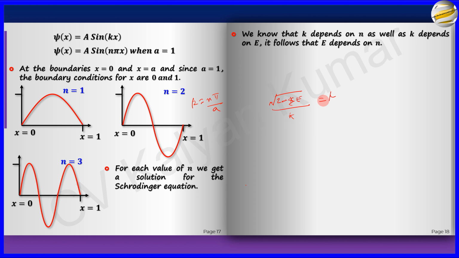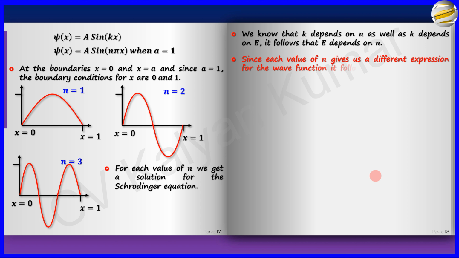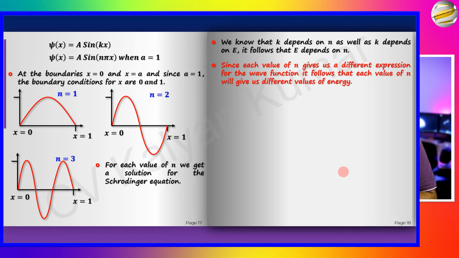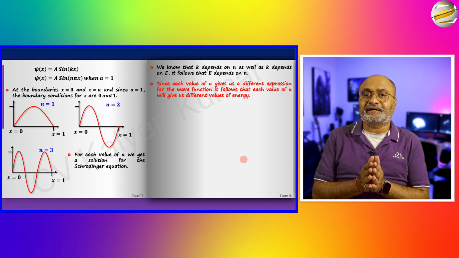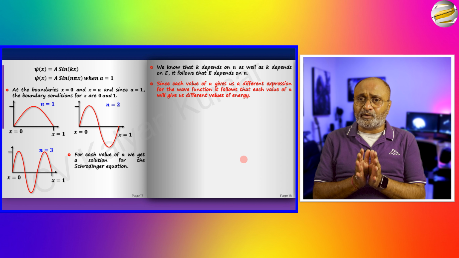So k depends on E also. So it follows that E depends on n, which gives a different expression for the wave function. It follows that each value of n will give us discrete and different values of energy. These are the only energies allowed for the particle, what are known as allowed states.